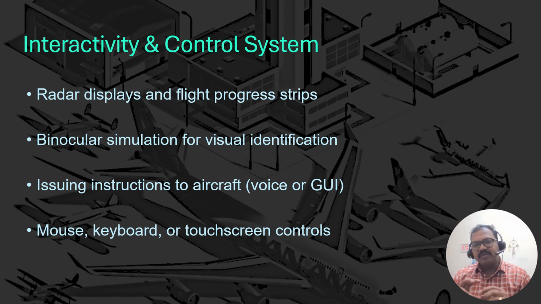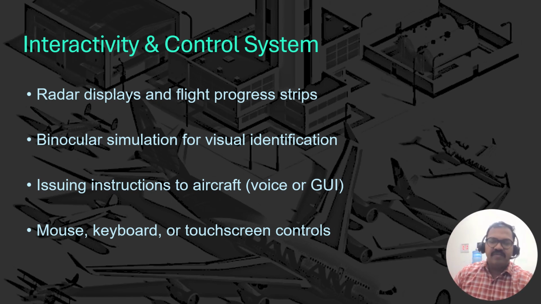They can issue instructions to aircraft using voice or graphical commands. All interactions are designed to feel just like working in an actual tower simulator. So here we have radar displays, flight progress strips, and mouse, keyboard, and touchscreen controls. These are the interactive control systems.